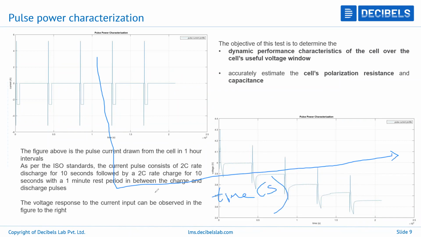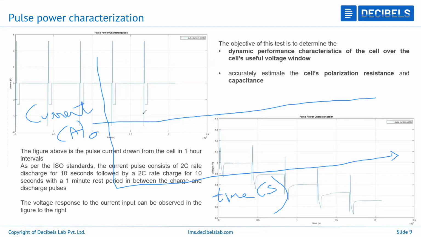Your x-axis will be time and your y-axis will be current, in amps. This is the zero line. Your first pulse will be a discharge pulse. Next will be a charge pulse that will look like this. And after that there will be another discharge pulse.